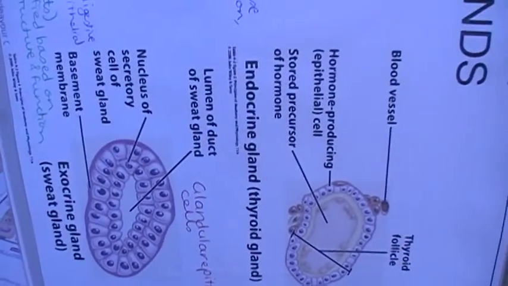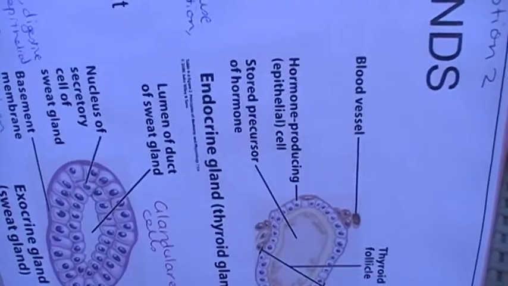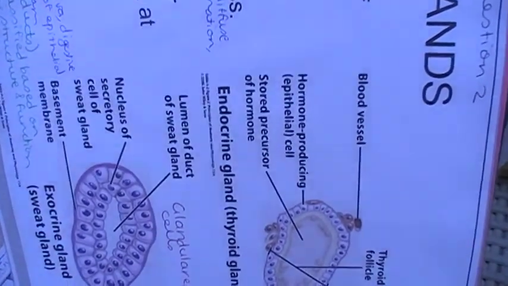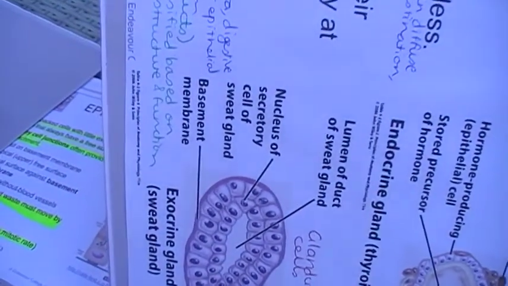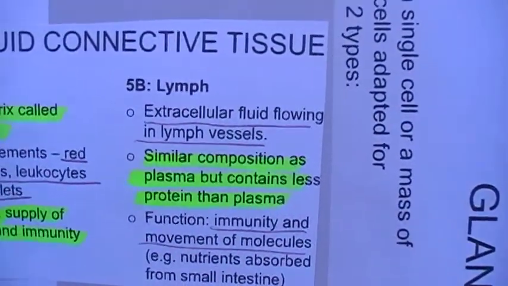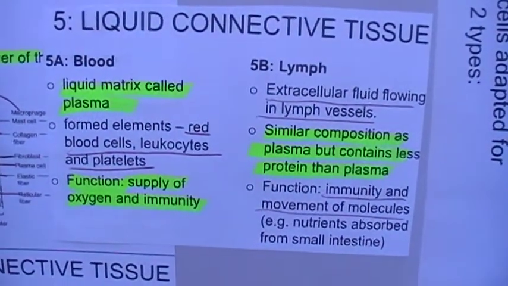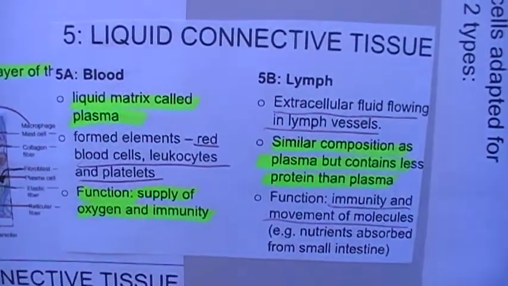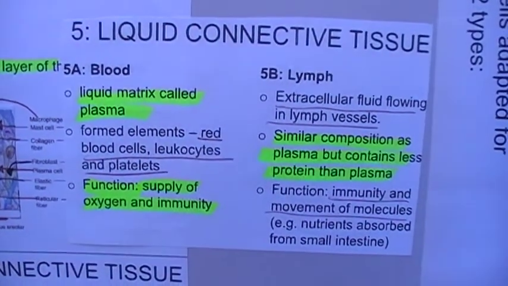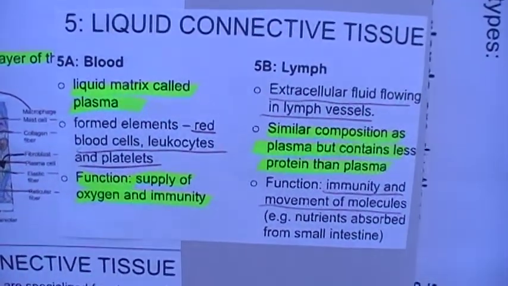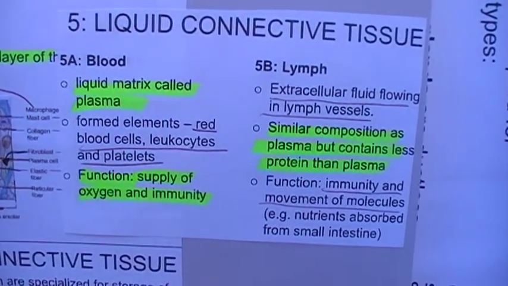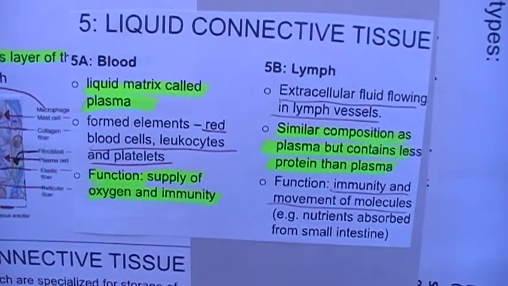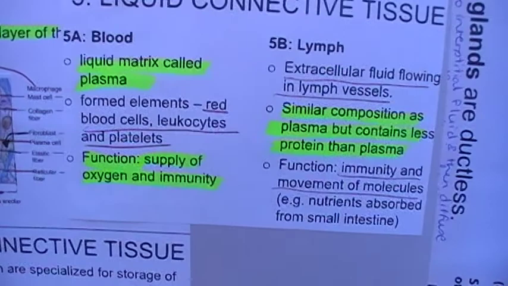And then we go on to bone. And after bone, we're going to be looking at the fifth one, which is liquid connective tissue. What's the liquid matrix called? The elements in the blood are red blood cells, leukocytes, and platelets.